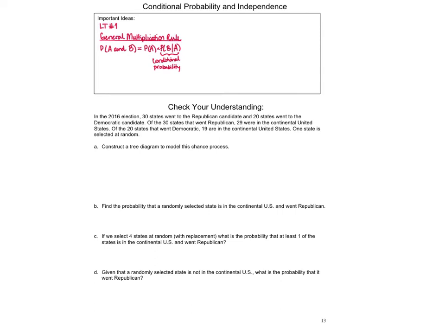Our second learning target was use a tree diagram to model a chance process involving a sequence of outcomes and to calculate probabilities. We start out with event A either happening or not happening, and the probabilities associated with A and not A. If event A happened, then we have two other possible outcomes, events B and C. And then we've got the conditional probabilities associated with each one of those.